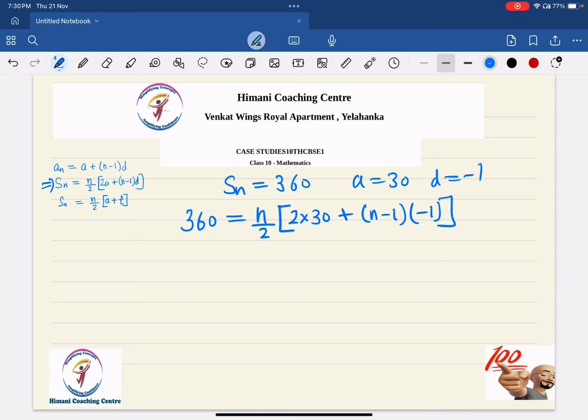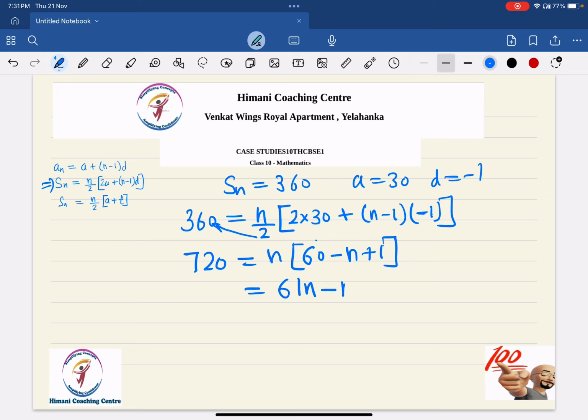Now this 2 can go up, cross multiply with 360 becomes 720, and we get n times 60, and now plus minus 1 into plus n would be minus n. Minus into minus is a plus, so we will get 60 plus 1 is 61. You multiply that with n, you get 61n.